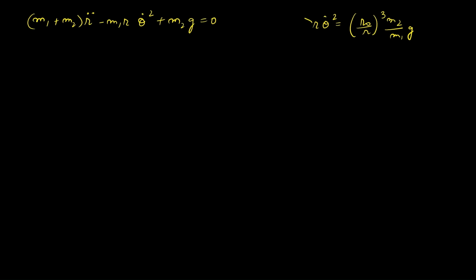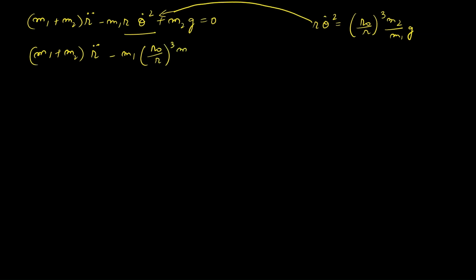I'll substitute this into this term. On substitution, I get (m1 + m2) r double dot minus m1 times (r naught by r) whole cube times (m2 divided by m1) g plus m2 g equal to 0. So m1 can cancel out. Now this is my equation of motion.